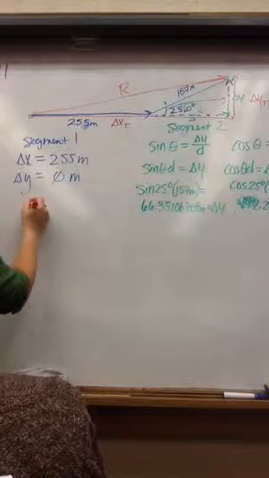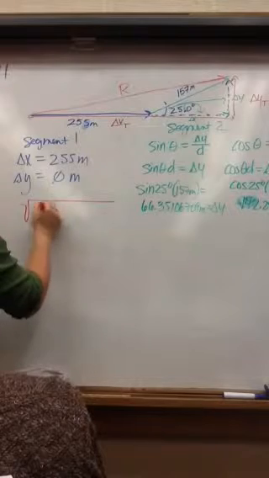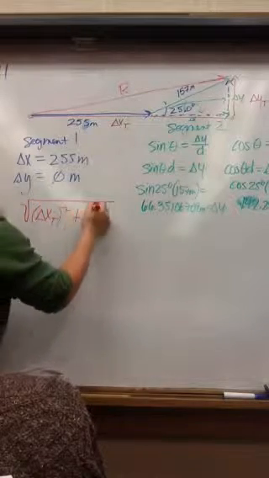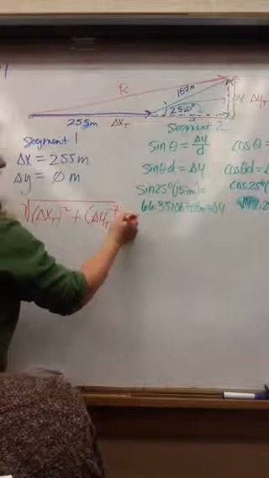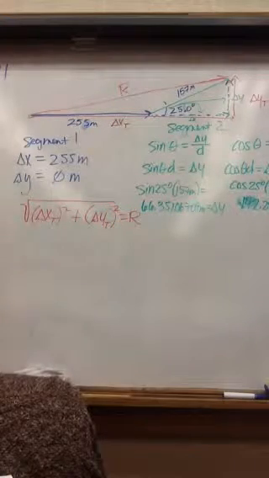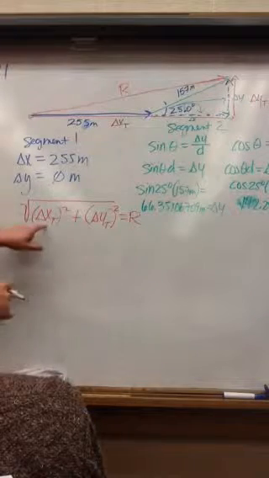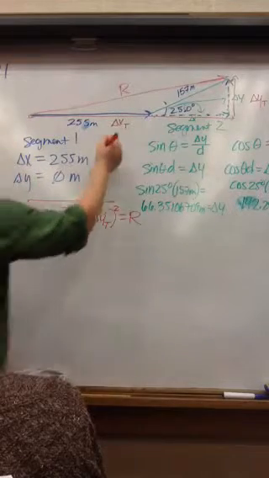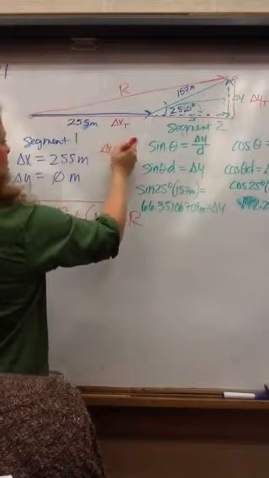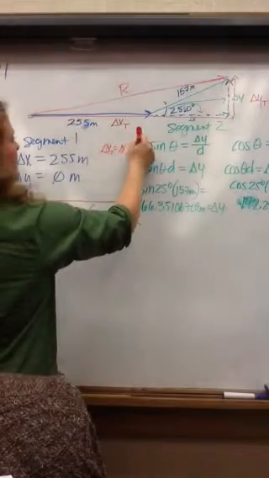So we know that the square root of delta x total squared plus delta y total squared equals our resultant. Yes? Okay. Let's get our delta x total, which equals delta x1 plus delta x2.